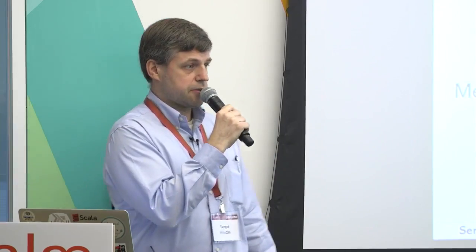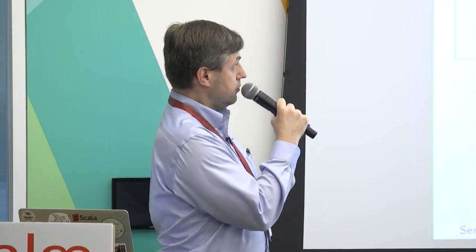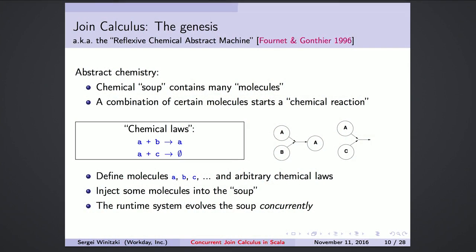So the main metaphor that I'm going to use to explain joint calculus is chemical reactions. This is based on a paper which I'm referencing up here, a paper from '96 by some French people.